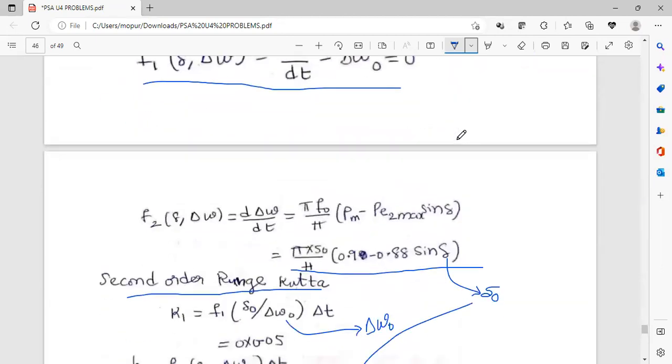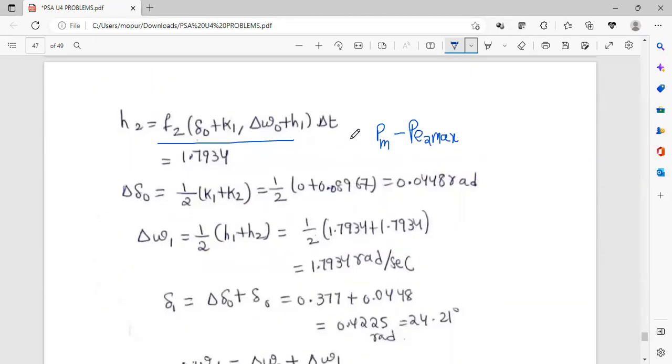F2 is this only, right? Pi by F0 into H. Okay, in front there is pi F0 by H, pi F0 by H into Pm minus Pe2 max sine.